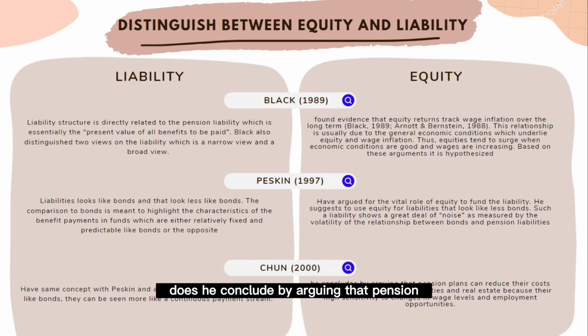Thus, he concluded by arguing that pension plans can reduce their cost in the long term by including equities and real estate because of their high sensitivity to changes in wage levels and employment opportunities.